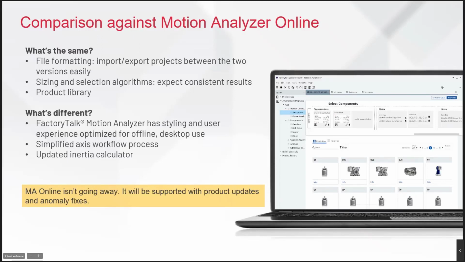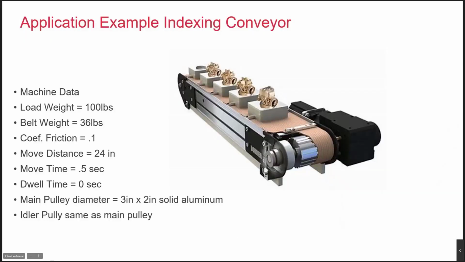So if you are already familiar with working with Motion Analyzer online, you'll find that the FactoryTalk Motion Analyzer 2.0 has the same look and feel. What you'll find that's different from the online is that it's got a little bit more simplified workflow, and does have an updated inertia calculator tool in here as well for the 2.0.